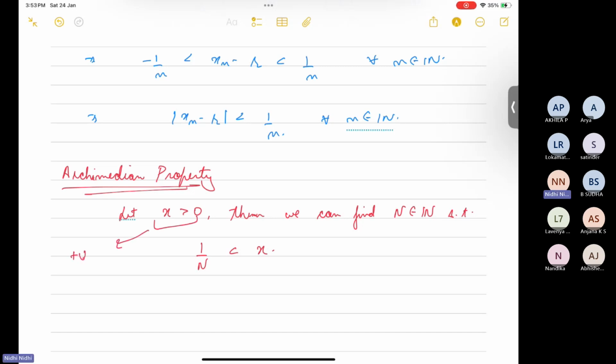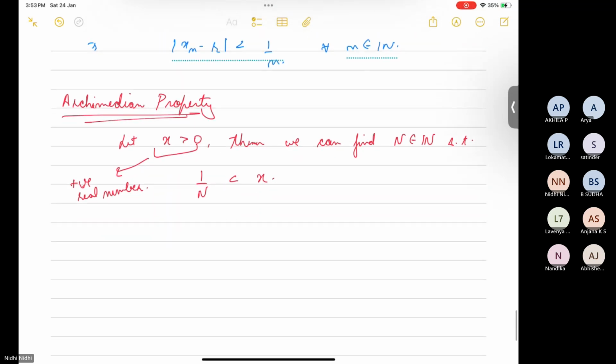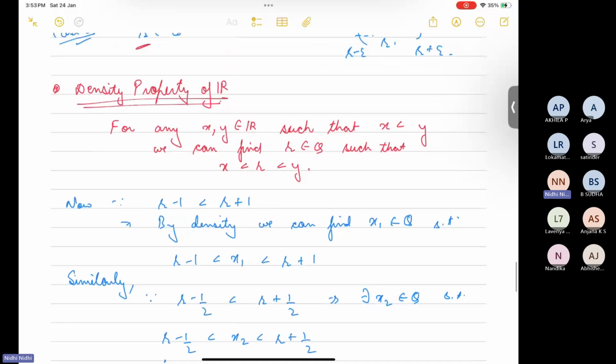A positive real number. Now using this, by the Archimedean property, there exists some n naught in N such that, okay, so we should have started with epsilon, no?